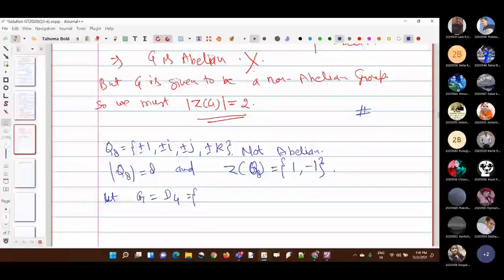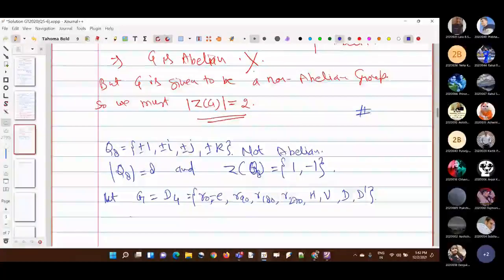In D4 you have 8 elements: R0, that is the identity, then R90, R180, R270, horizontal flip, vertical flip, and two diagonal flips. Can you find out what is the center of D4?